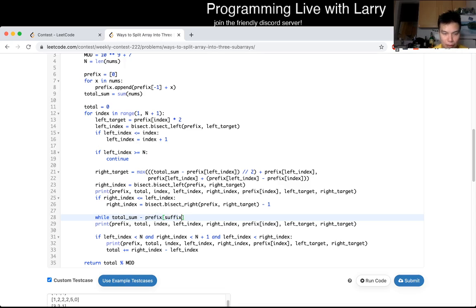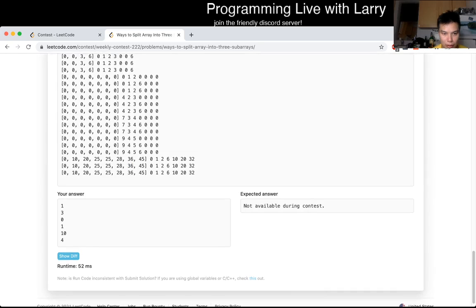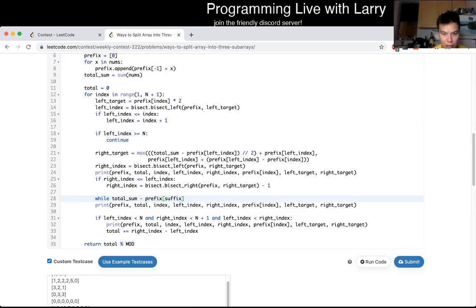Yeah, because total 45 minus 36 should not be good. So yeah, I should have done something with that. But this should be good.